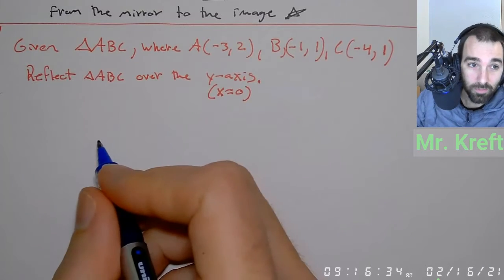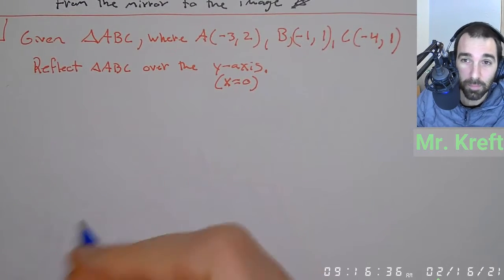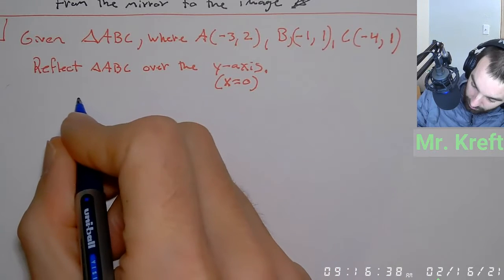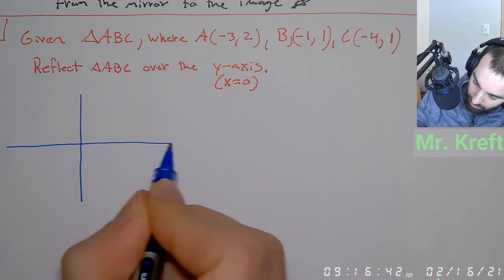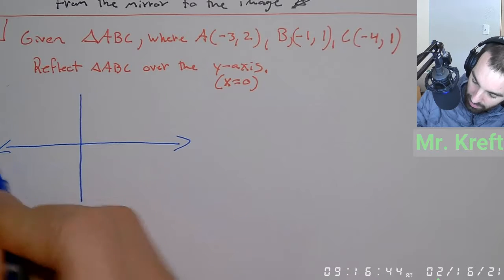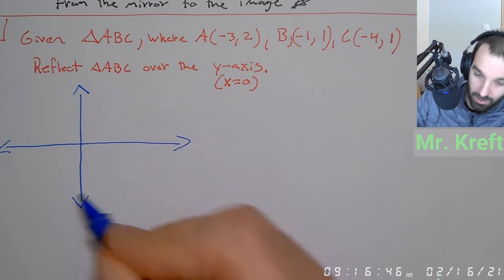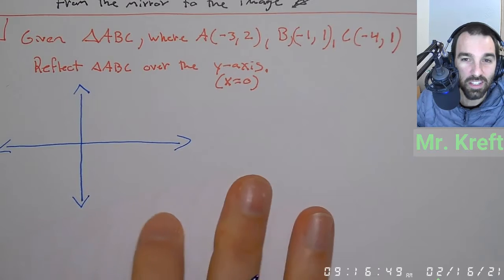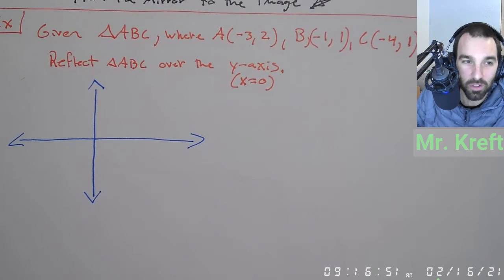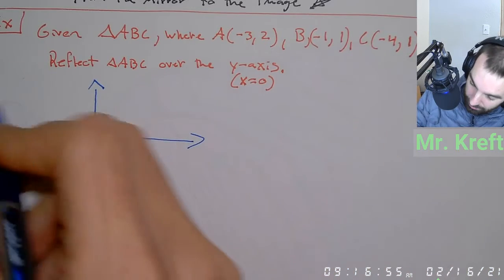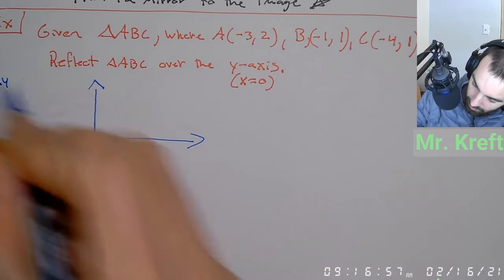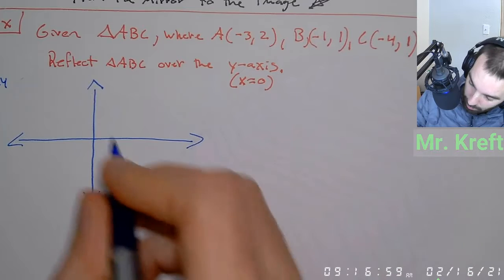All right, so what we're going to do is make a quick little graph like this. If you want to be really fancy and impress your friends, this is called a Cartesian plane, but we can just call it a coordinate system. So I'm just going to make a 4x4 grid, because I see we have -4 is my biggest.